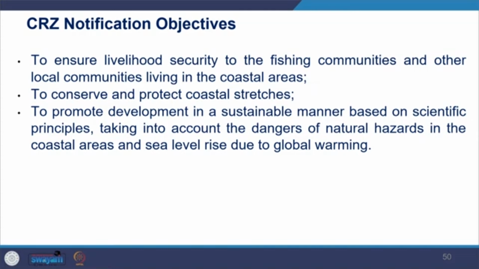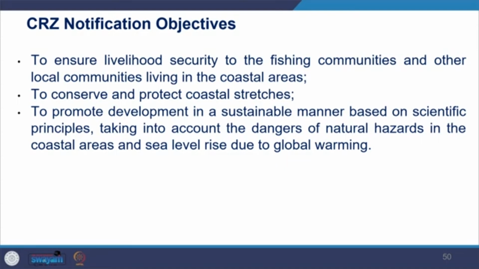So in this CRZ you would see that there are general prohibition rules. It prohibits certain kinds of activity, and especially prohibits the setting up of new industries and expansion of the existing industries. However, it's not an absolute prohibition.